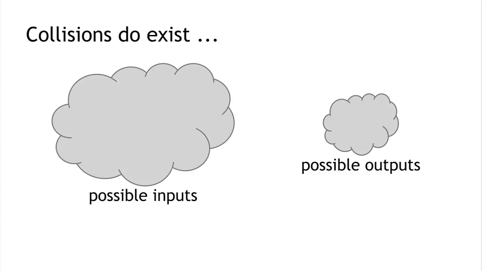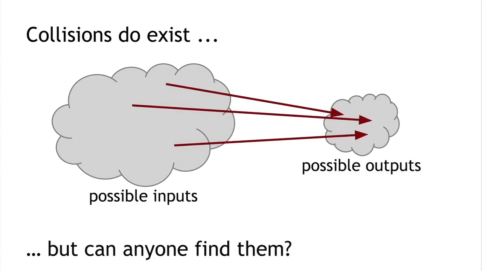And so if you think that every point over here on the left is going to be mapped by an arrow to some point on the right, you can see that as you go from all the points on the left into the right, it has to get crowded, and in fact, there have to be multiple values on the left that map to the same output. In fact, in general, there will be a very large number of possible inputs that map to any particular output. So collisions do exist. I said before, nobody can find a collision, and that's the key question. We know collisions exist.